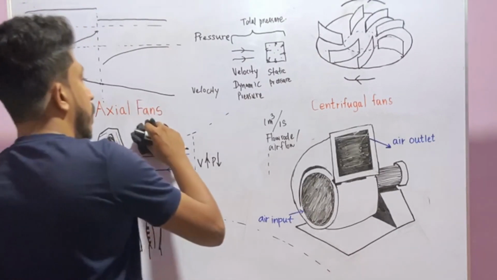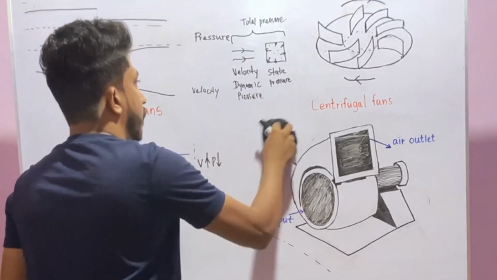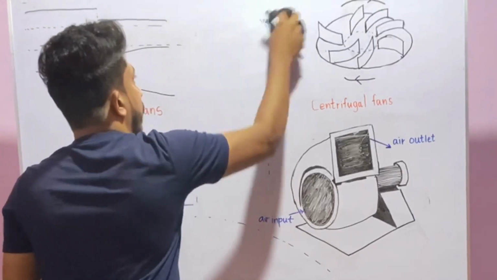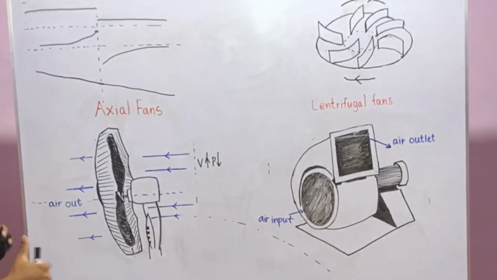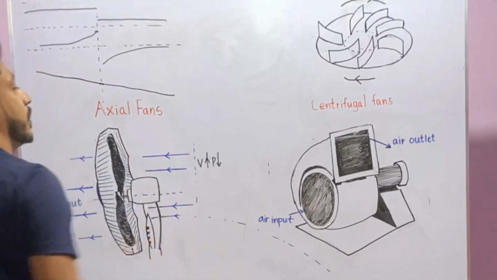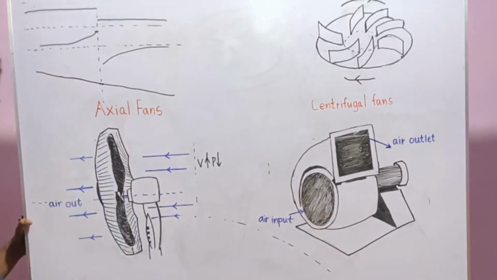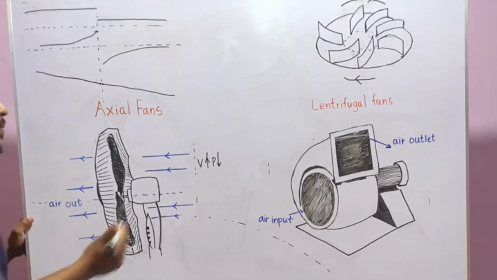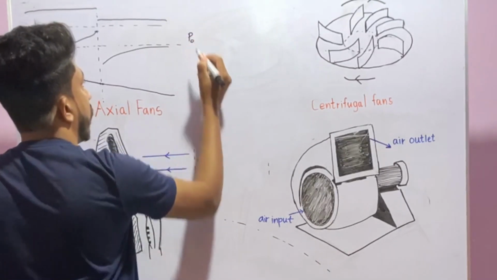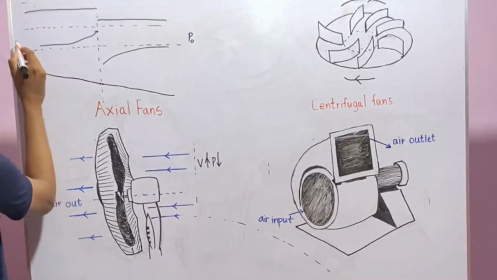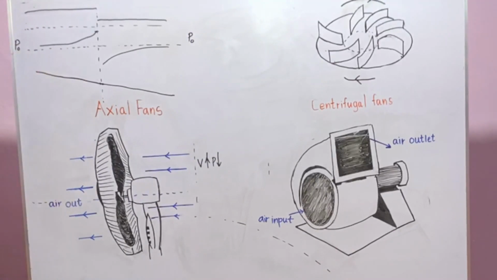Now let's see here. Far behind the fan, we have atmospheric pressure, P0, and also at this end we have P0.